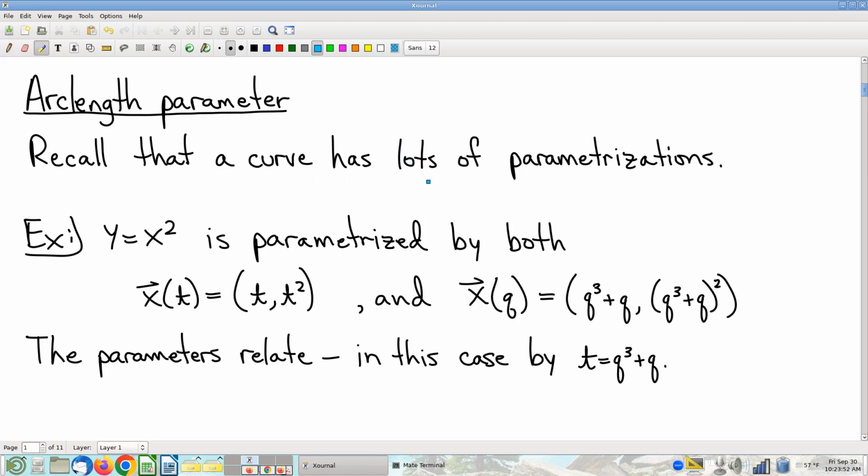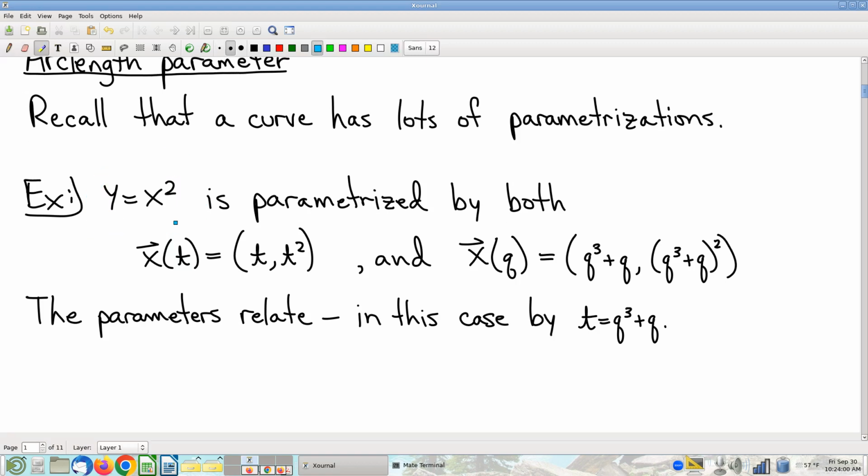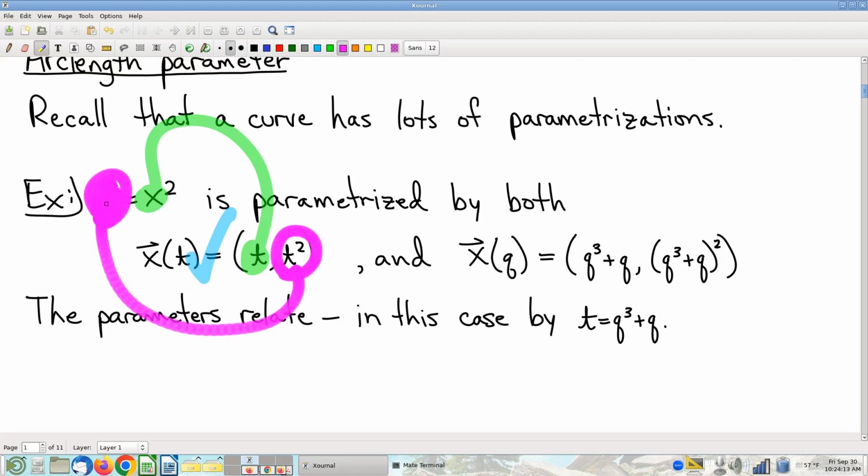For example, here's a nice innocent-looking equation describing a curve we're all familiar with. And you can confirm that this is a parameterization because, after all, x squared is indeed y. It fits in the equation.